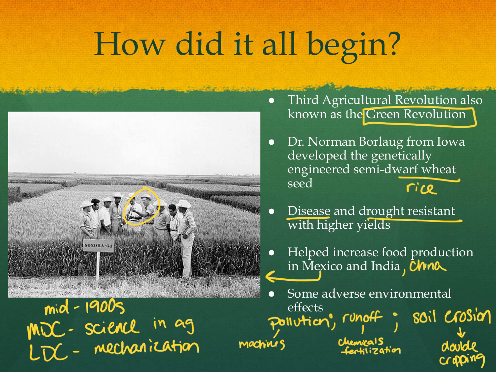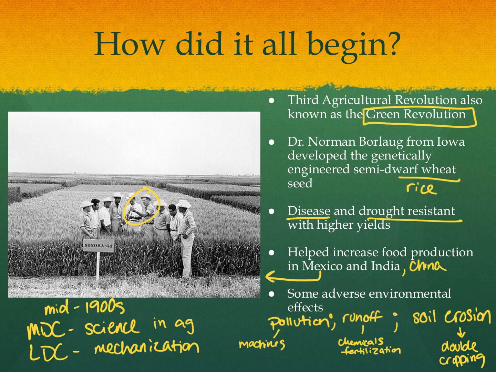When these machines were able to produce or help us produce more crops faster, that meant that we could grow things quicker. We could have like 2 growing seasons per year instead of just 1. Instead of waiting a whole other year to plant that crop and grow and then harvest, now we could plant, grow, harvest maybe 2 or 3 times a year, which means you're using that soil multiple times.